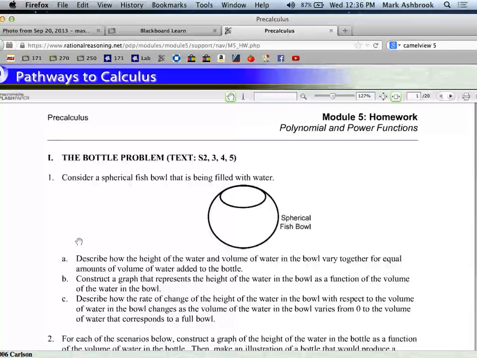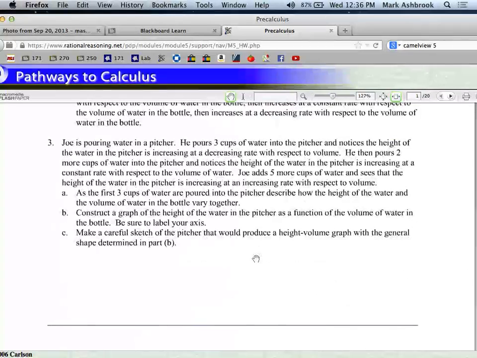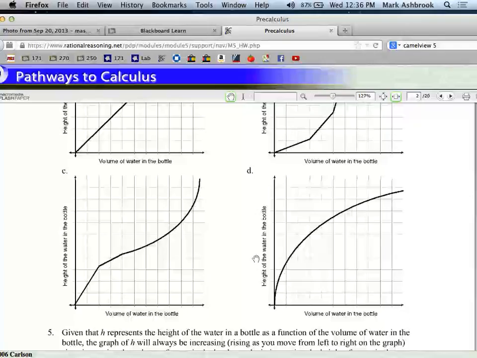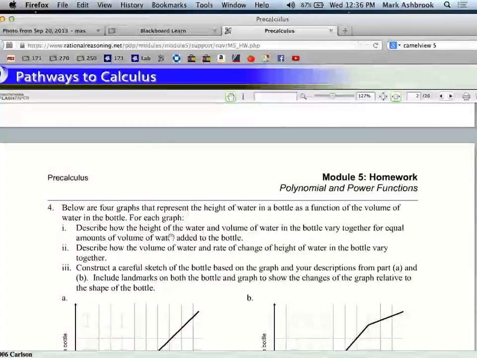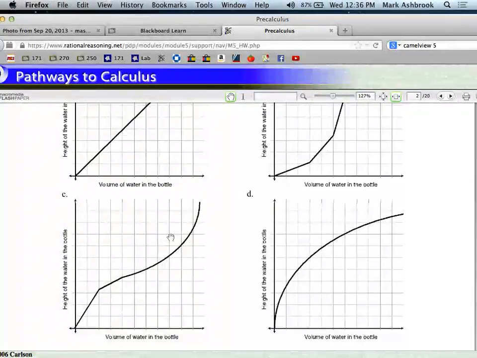Yeah, so they're just asking a very broad question. It's similar, but it's much broader. So take my very specific steps, my instructions, the 1, 2, and 3, and apply it to the spherical fishbowl. And then I want you to do 4C. This is the other way around now, but you're still going to do the same thing.